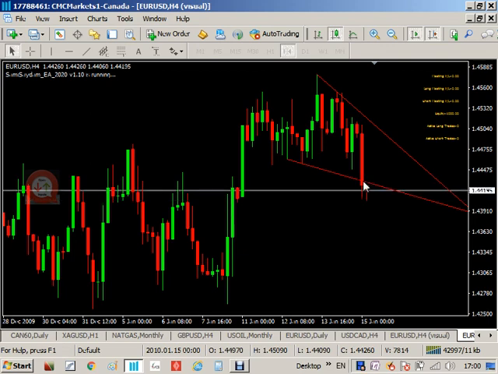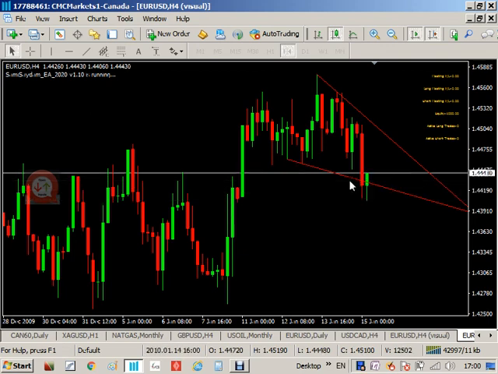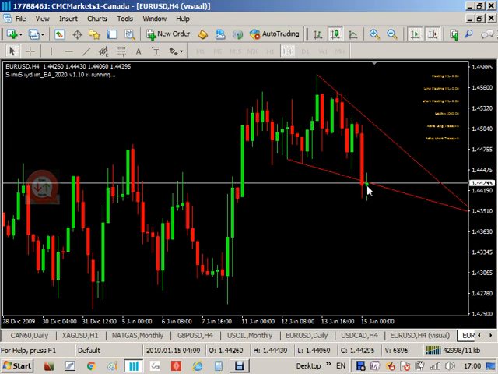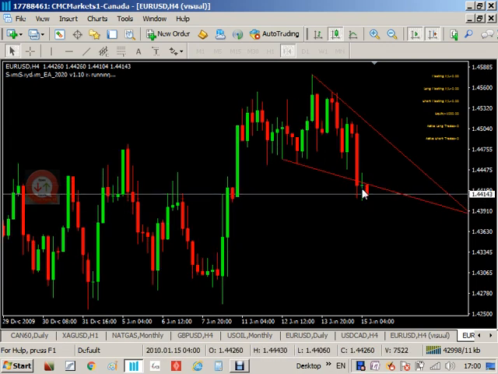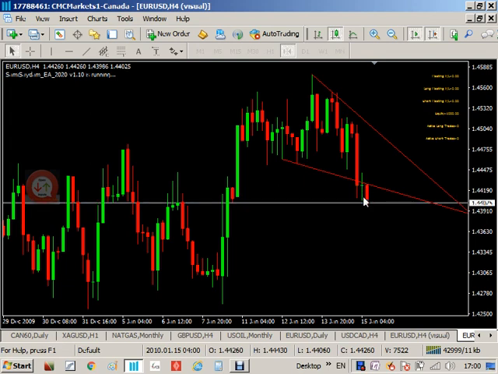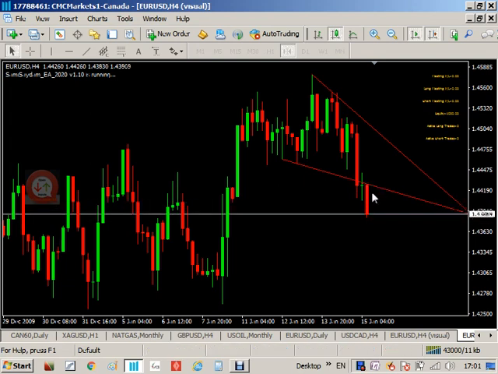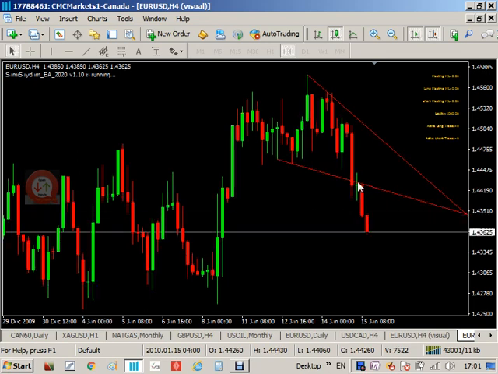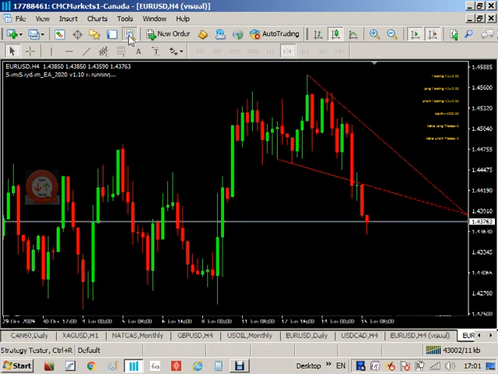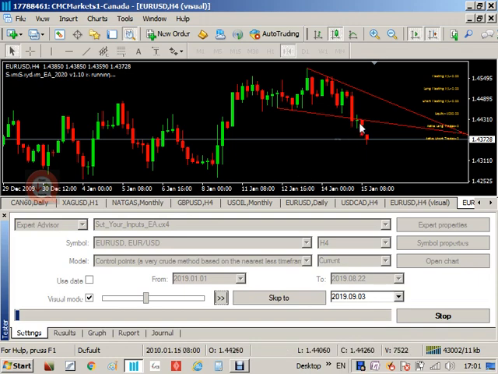A 4 hour candle went below the support line. It became resistance, because the other candle went up. Let's stop it here.